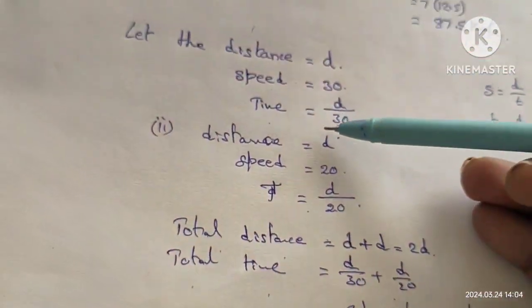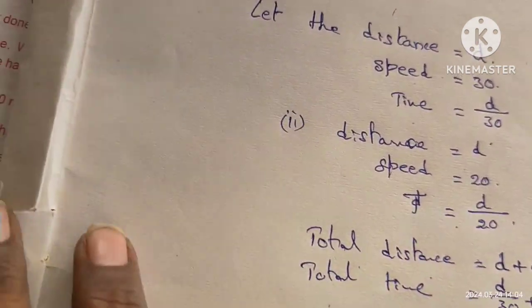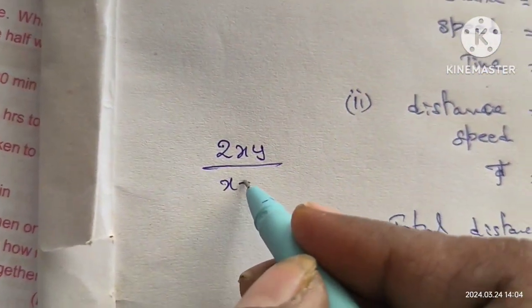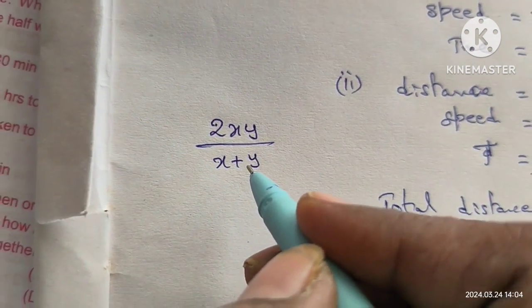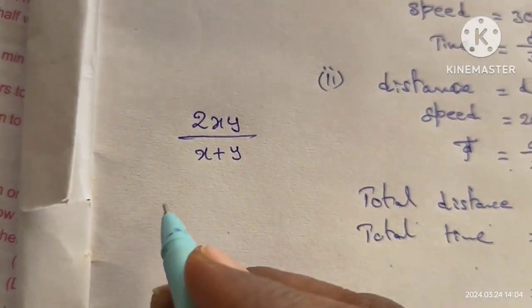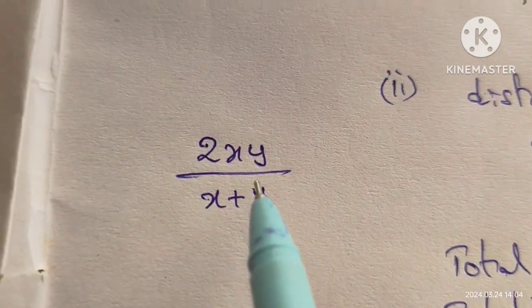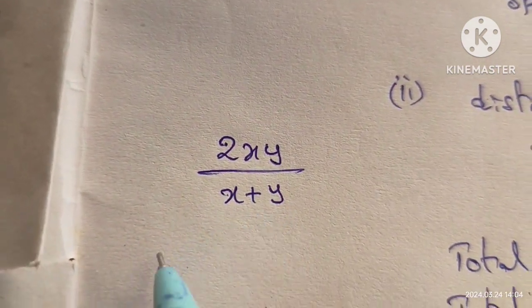But without doing all this, we have a shortcut formula, that is 2xy by x plus y. Here x and y are the speeds. Remember the formula, it is a shortcut way: 2xy by x plus y.